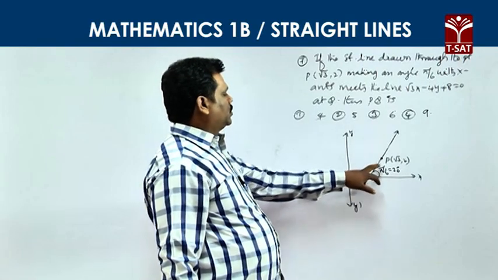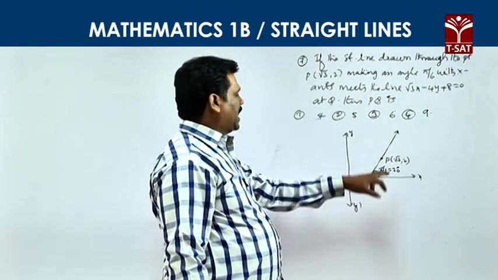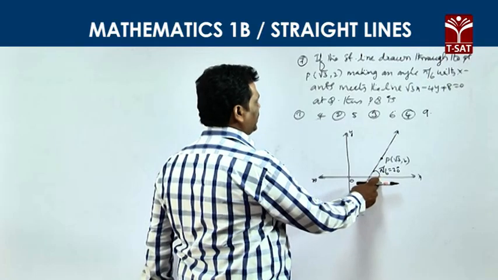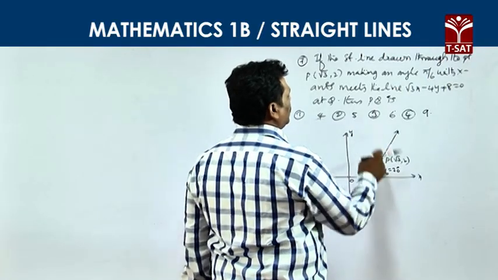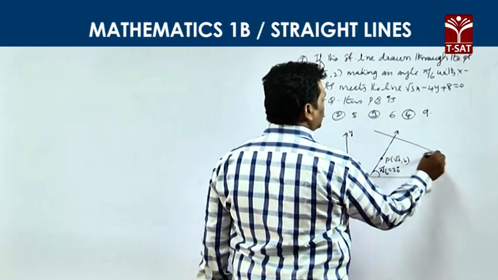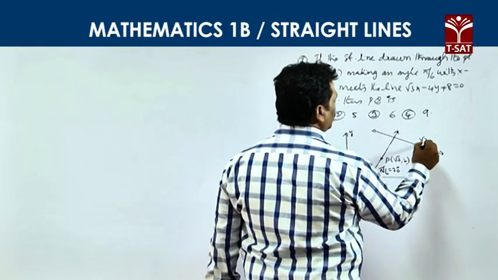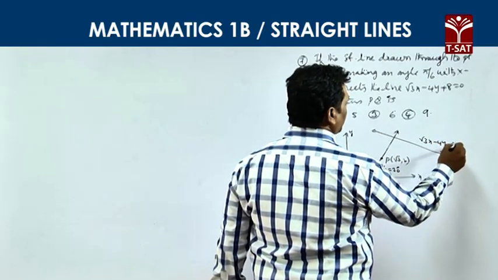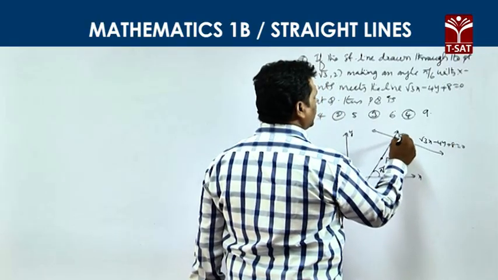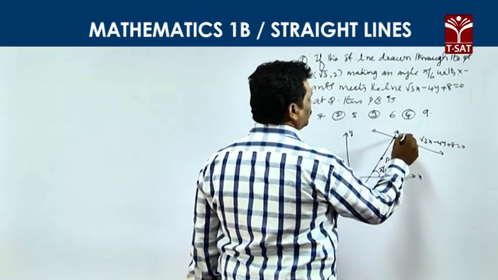The straight line drawn through the point P of root 3 comma 2 making an angle pi by 6 with the positive direction of the x-axis meets the given line root 3x minus 4y plus 8 equal to 0 at Q. You have to find Q.